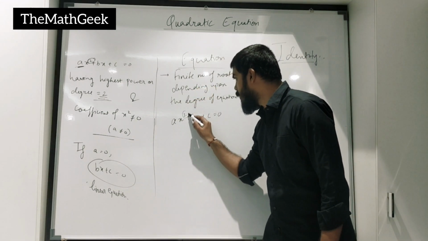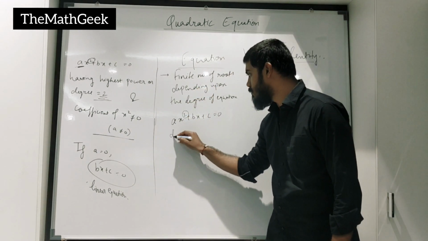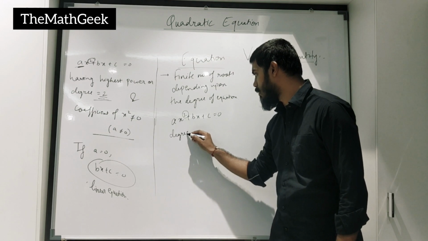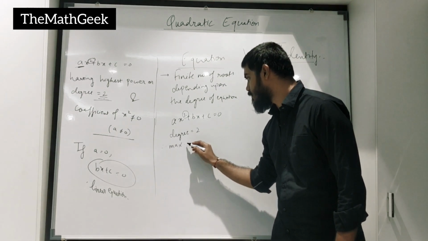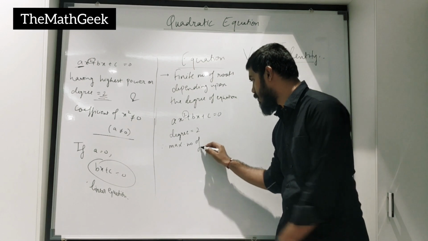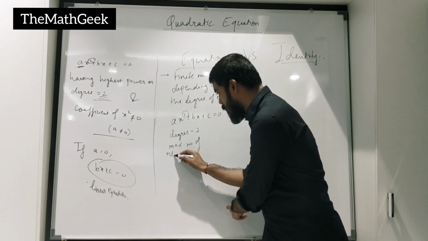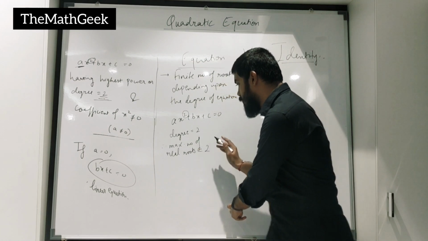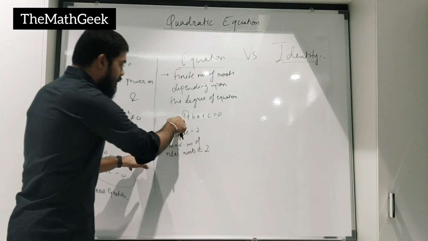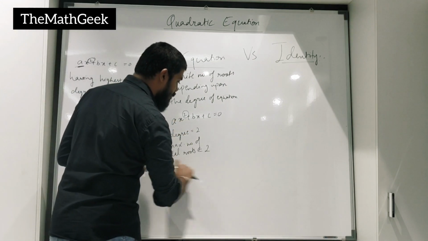Here the highest power or degree of the equation is 2. Therefore, the maximum number of real roots will be equal to 2.